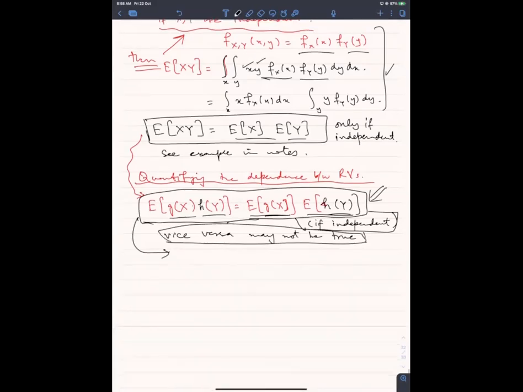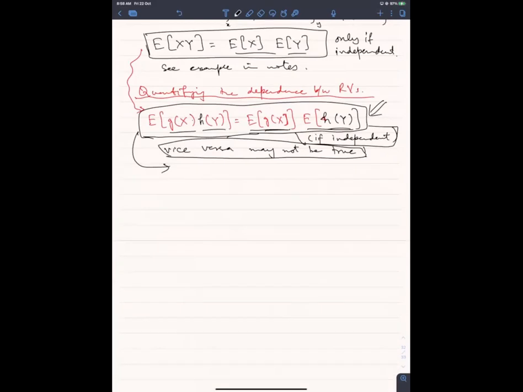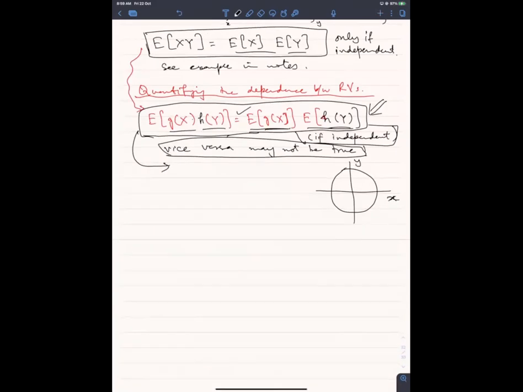Okay? And there are two examples, एक discrete के केस में और एक continuous के केस में, जो हमने नोट्स में दी हैं, जहां पे we show that कि x and y they are not independent, but this relationship is still true. एक उसकी एग्जांपल मैं आपको यहाँ पे बता देता हूँ कि if you have a unit circle and x and y they are uniformly distributed over this unit circle. यूनिट सर्कल हो या एक सर्कल ऑफ रेडियस r हो, r को हम 1 भी ले सकते हैं, यूनिट सर्कल में r is equal to 1.